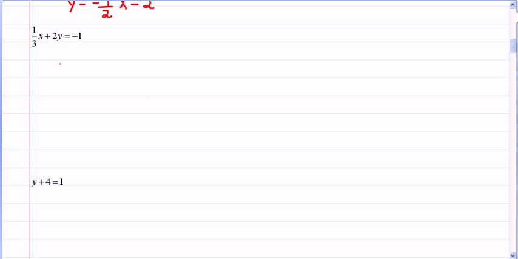This next example is a little more complicated because we have the fraction of 1/3, so what I would like to do is get rid of the fraction. And a very simple way to get rid of this fraction is to multiply everything by 3.